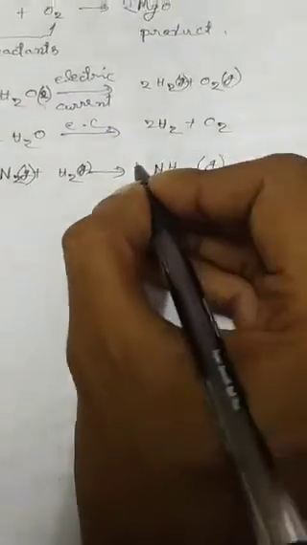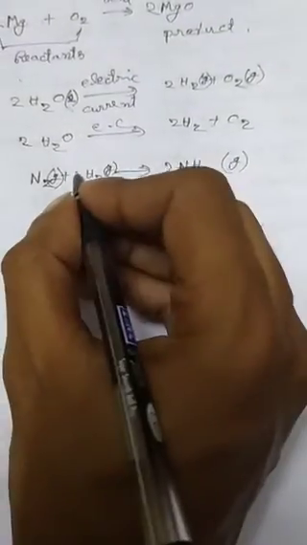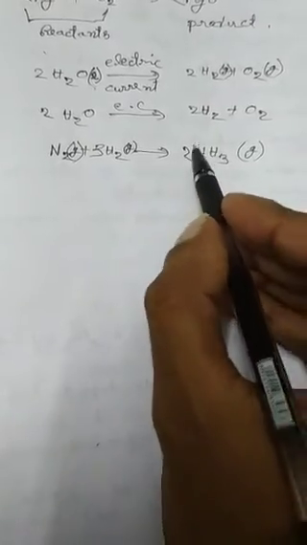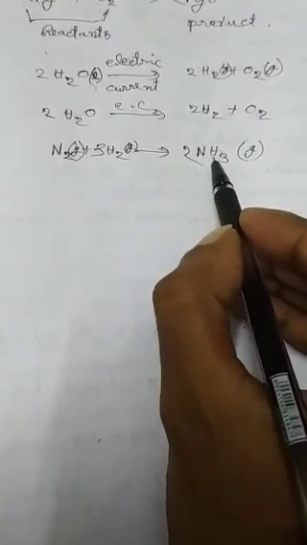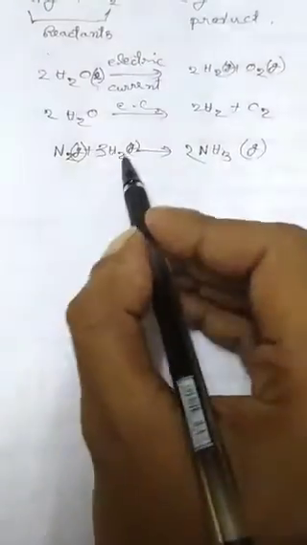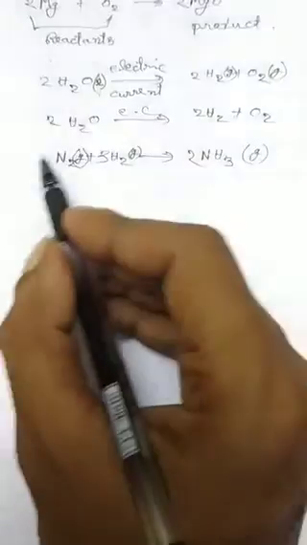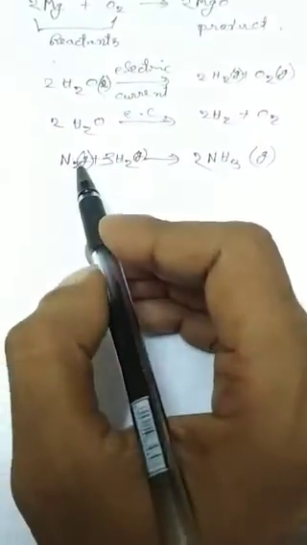If we balance the equation here, N2 + 3H2 → 2NH3, it is a balanced reaction of formation of ammonia. You can see that there are 6 hydrogen in the product and also 6 hydrogen in the reactant, and 2 nitrogen in the product and also 2 nitrogen in the reactant.